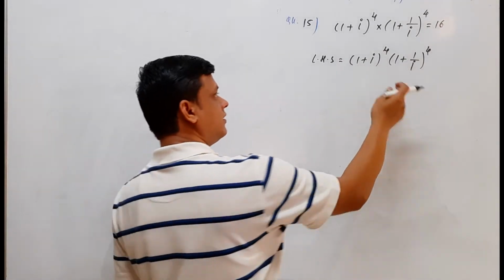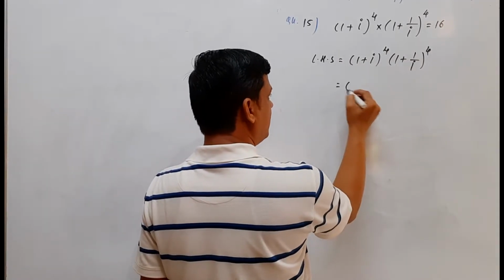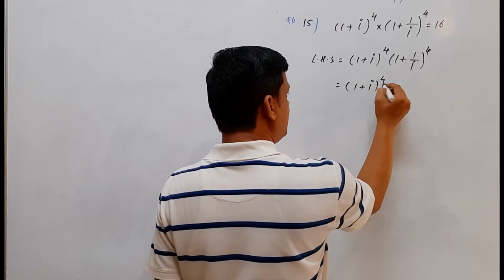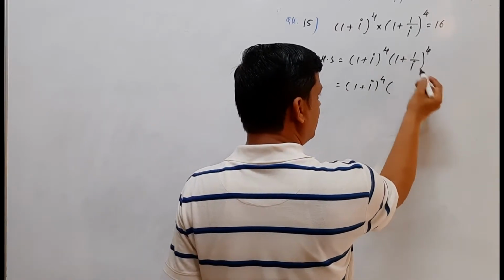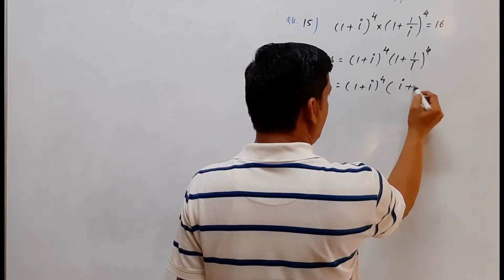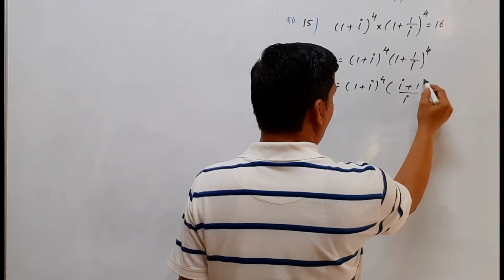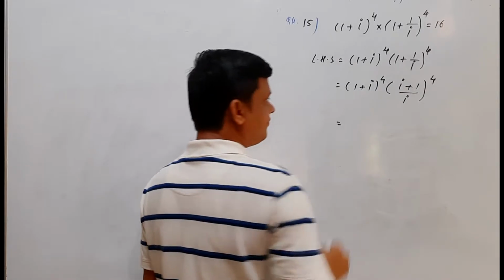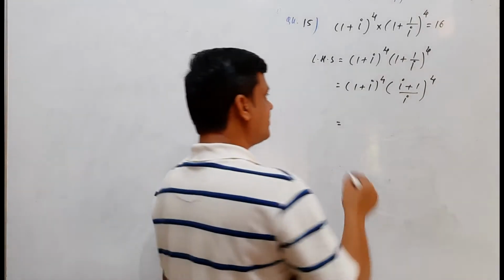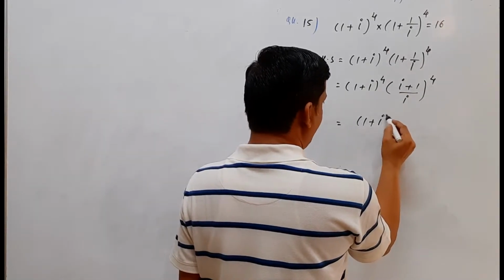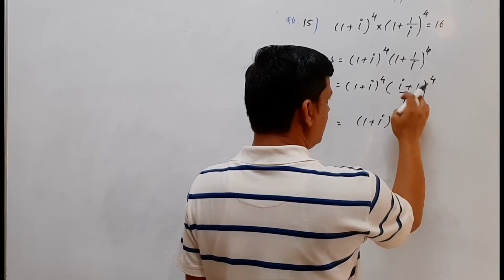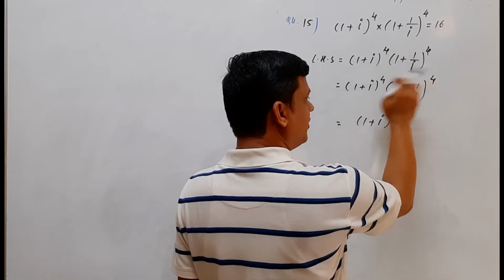So we first simplify this second bracket. (1 plus i) raised to the power 4 into, if we cross multiply this, we get (i plus 1 upon i) raised to the power 4. Now we separate the base. This i plus 1 can be written as 1 plus i.